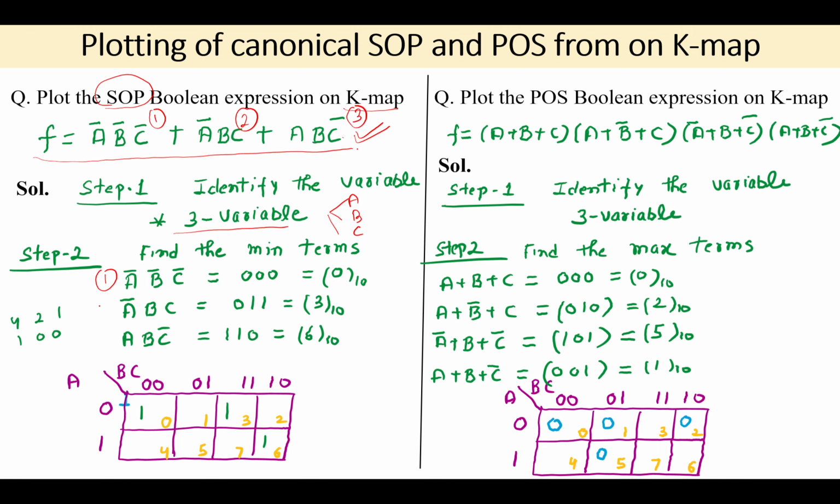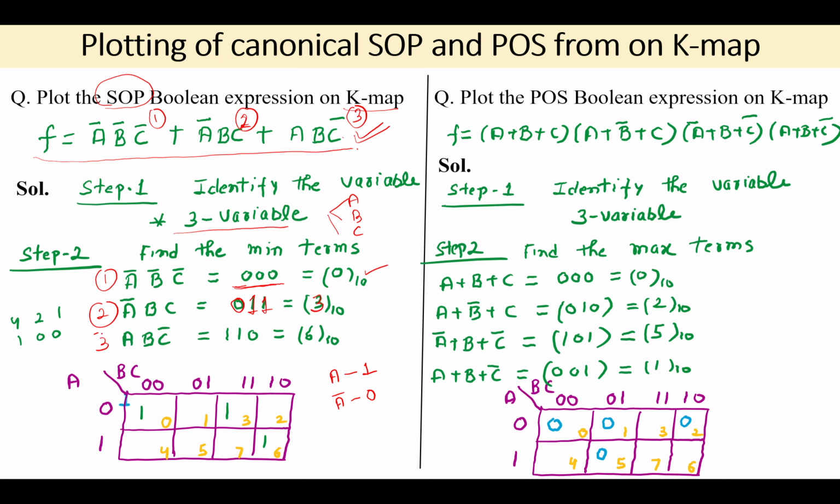In the first term, we observe A bar, B bar, C bar. So the minterm here is 0, 0, 0. In the SOP representation, A represents 1 and A bar represents 0, so this is all 0, and this is the minterm 0. In the second term, A bar BC, A bar means 0 and this is 1 1, so this is 3.